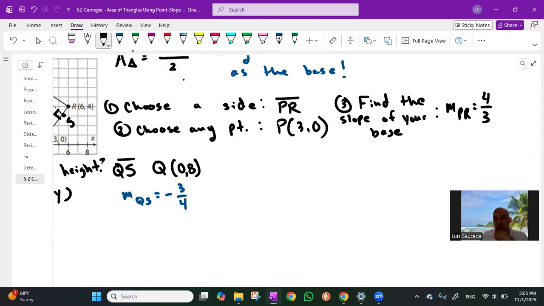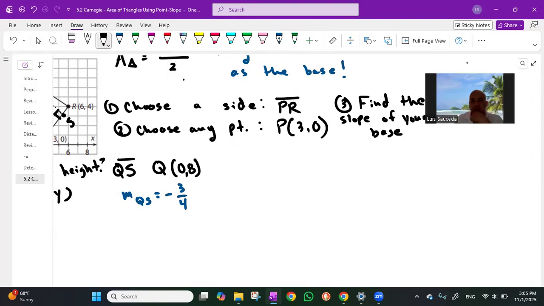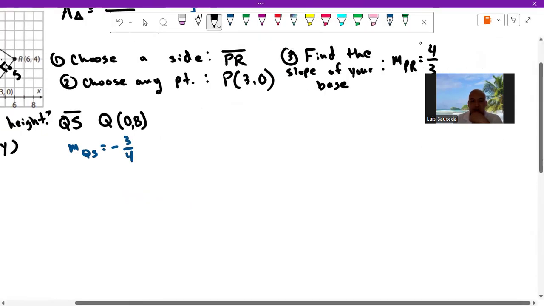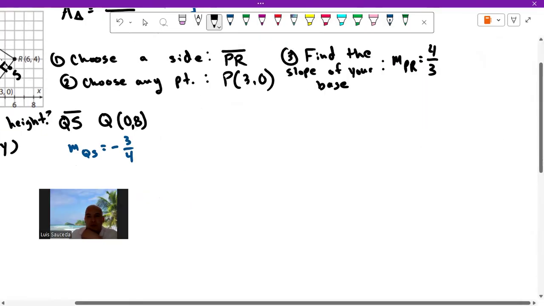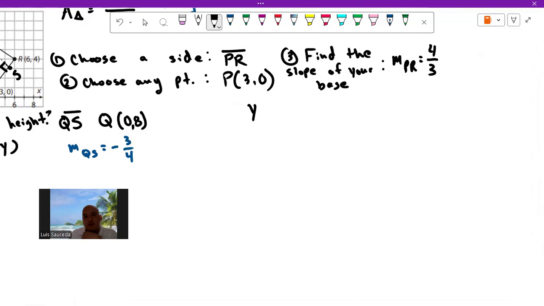So now, what do we do now? So now what we're going to do, and this is where it's very vital to have a graphing calculator, or just a calculator, but we're going to have to use y minus y sub 0 is equal to m times x minus x sub 0.